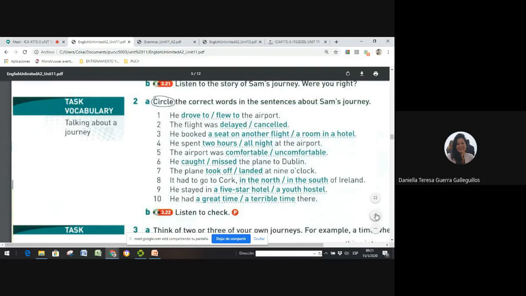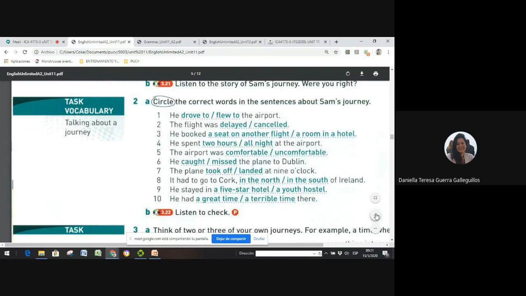So now I'm going to upload the information that I didn't upload. But remember, in Unit 11, we were talking about the vocabulary at the airport, some expressions, some connectors, how to start the story, link ideas, and how to finish a story. What's the most important? That we are talking about a past event, so we need to use the simple past.